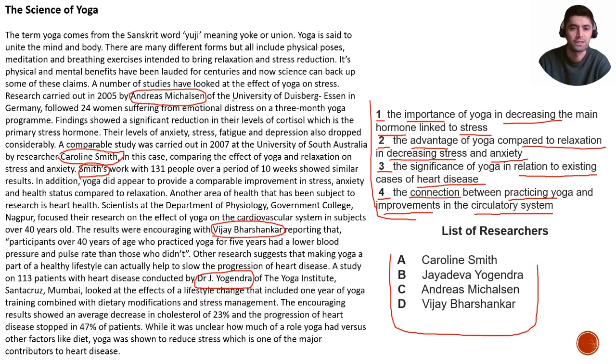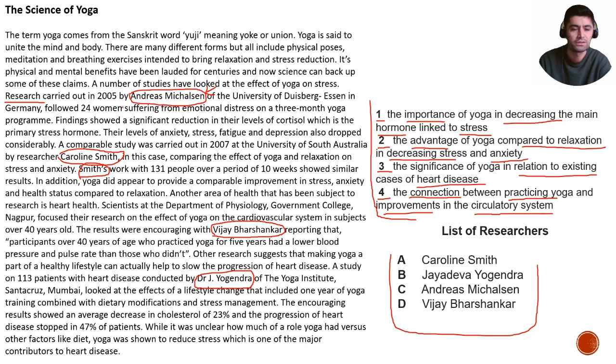That's why we can start from the first name, which was Andreas Mikkelsen right here. Let's read the information around this name and try to underline the keywords. We can start from here.